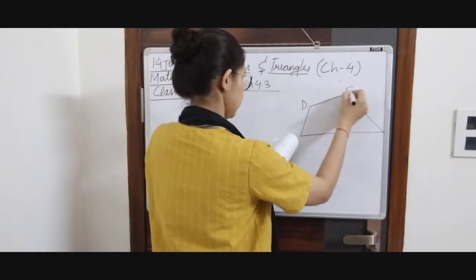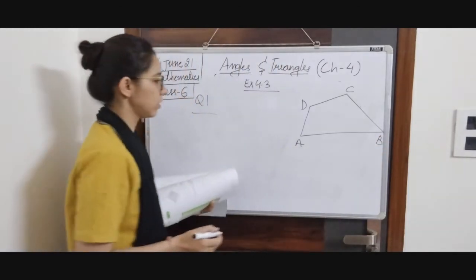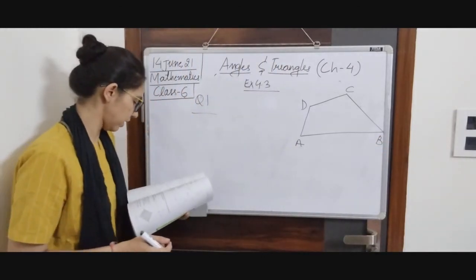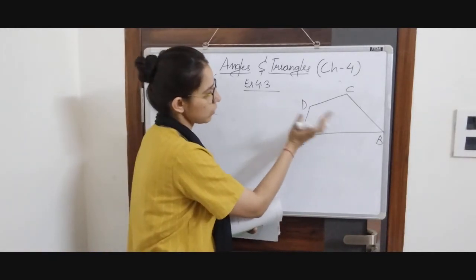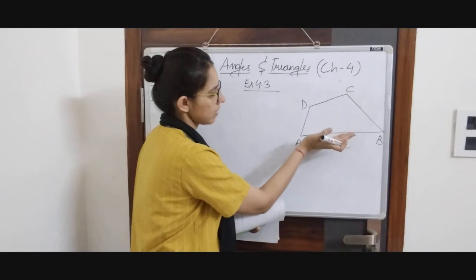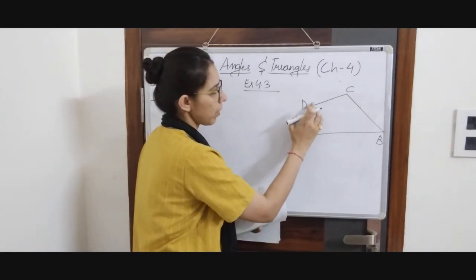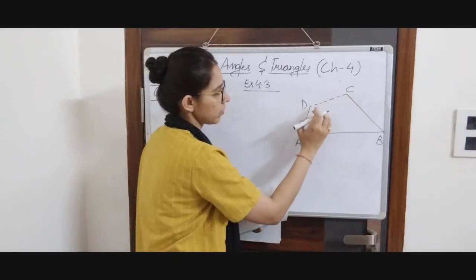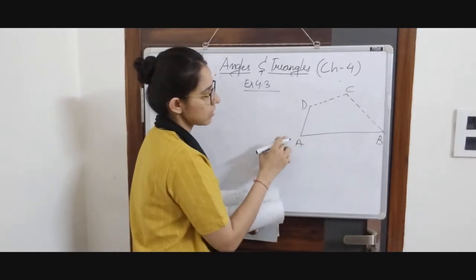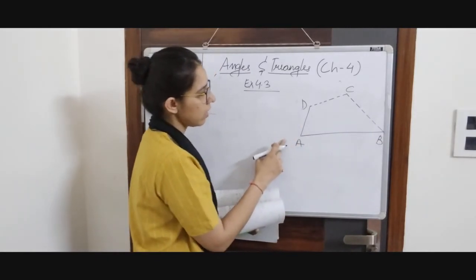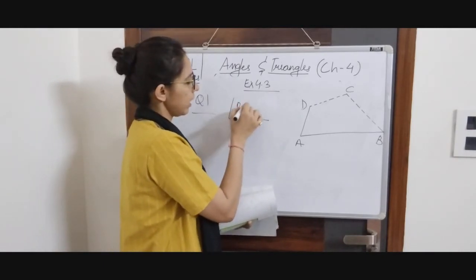It is D, it is C, this is A, and this is B. We have to name the angles in this figure. First we have to check where the two line segments are. AB and AD will form an angle. Focus on this line segment and this line segment. This is forming an angle, and we will represent it by writing BAD.